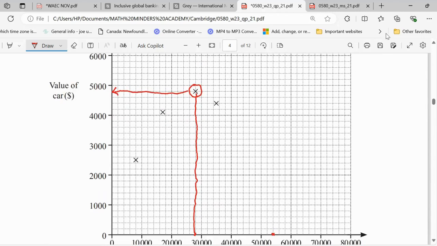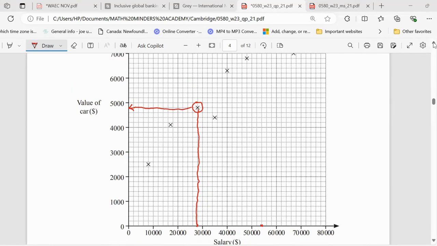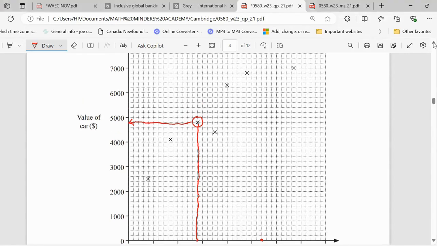Okay, let's reduce this a bit. So we come here now and we go up. We are looking for 6,100. So if we look at this, this is 6,200. This is 7,000. Each line is 200, okay?